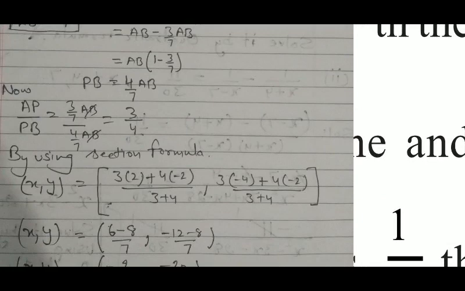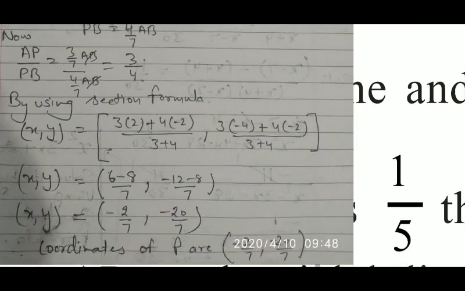Now after getting this required ratio, you will find the coordinates of point P by using the section formula. We know the section formula. Put the values of A, B and the given ratio in the section formula, and you will get (3 into 2 plus 4 into -2) upon (3 plus 4) and (3 into -4 plus 4 into 2) upon (3 plus 4).